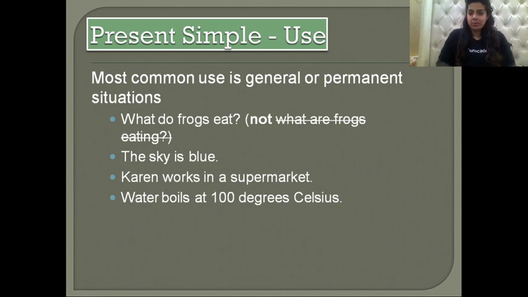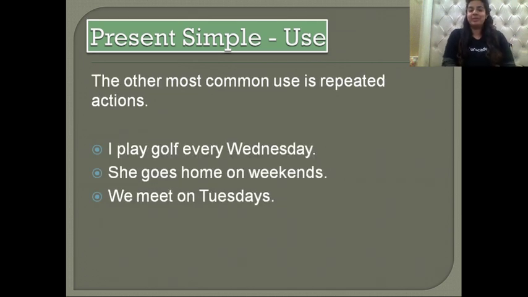That's a permanent situation. Yes, it may turn hazy, gray, cloudy, smoky in some moments, but generally it is blue. Or the water flows from the tap. That's something general. Karen works in a supermarket. A stable position is being talked about. Water boils at 100 degrees Celsius. Again, a general truth we are pointing towards.